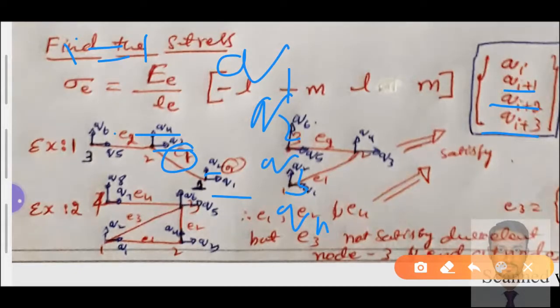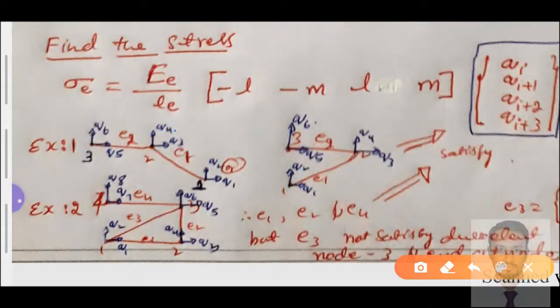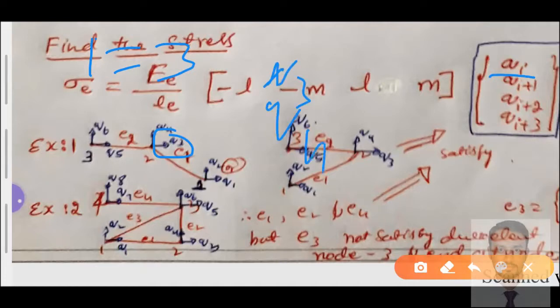Correct. Similarly, when I take element number 2, starting from i equal to 3, what will happen? q3, and then q4, and then 3 plus 2 is 5, and then q6, 3 plus 3. So we have 3 4 5 6 continuously.